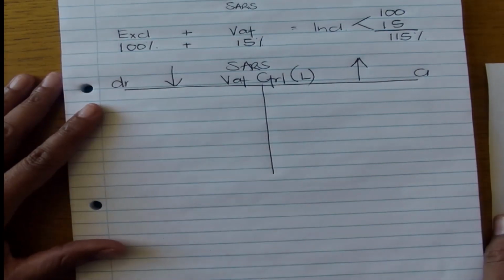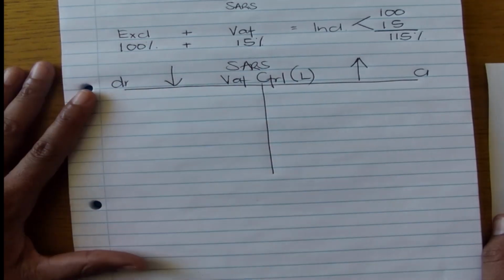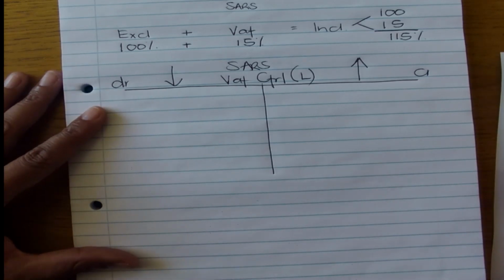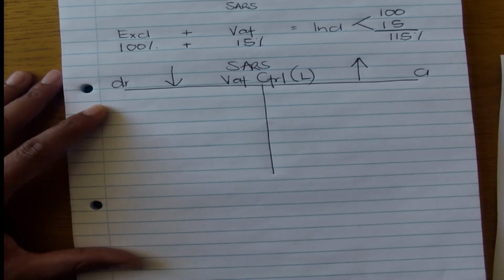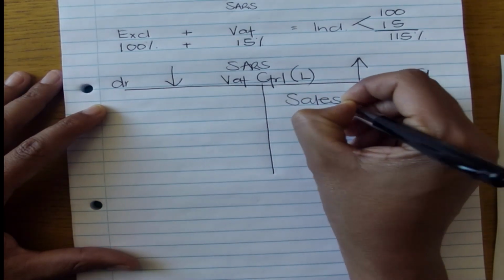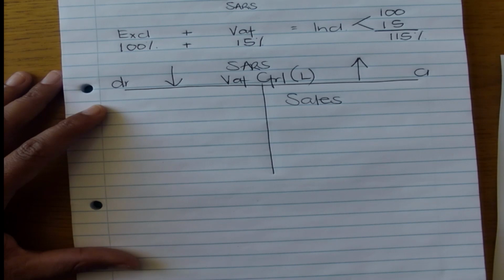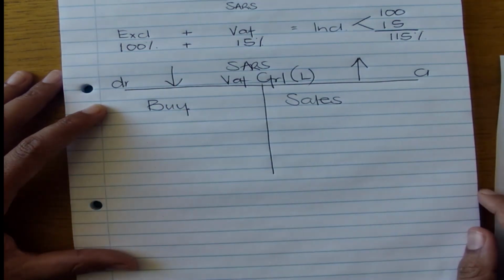What else do we know about VAT? That when you are a VAT vendor, everything you sell, you need to charge VAT on it, and the 15% you need to pay to SARS. So basically, everything you sell, meaning it's sales, you then need to pay over to SARS, and everything you buy, you can now claim from SARS, right?